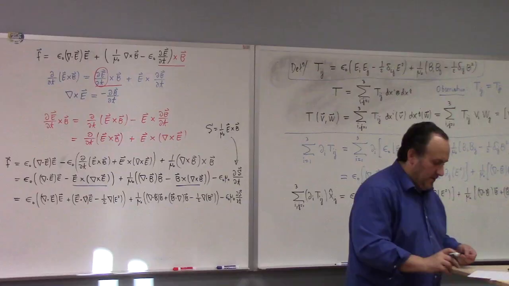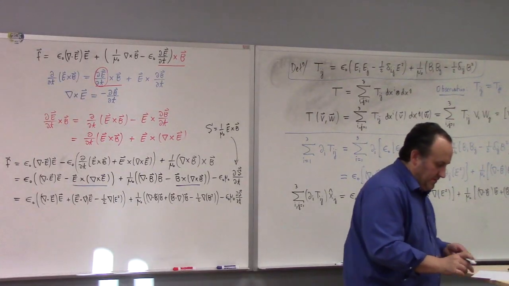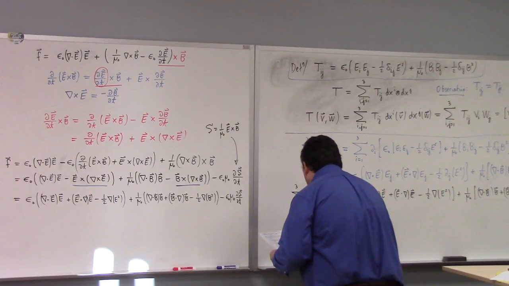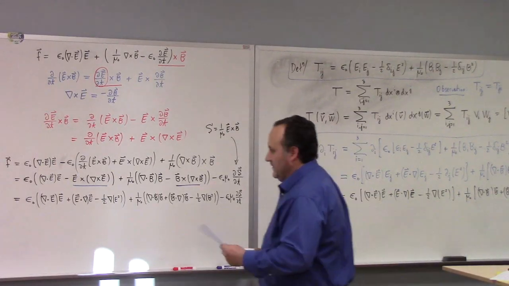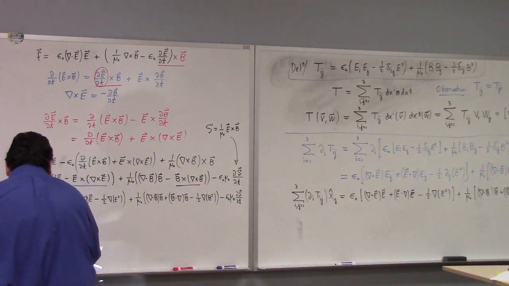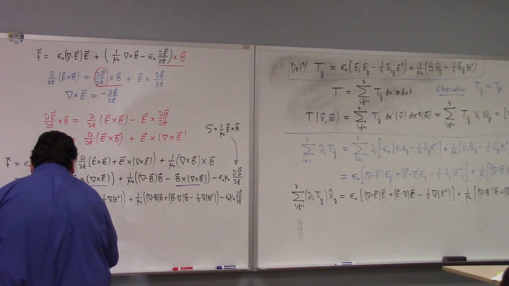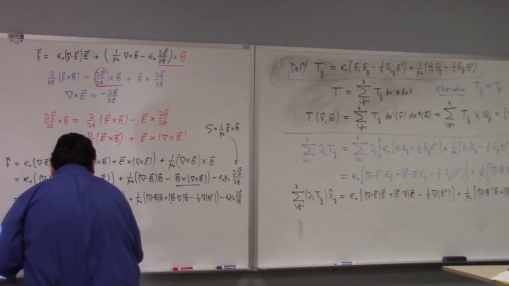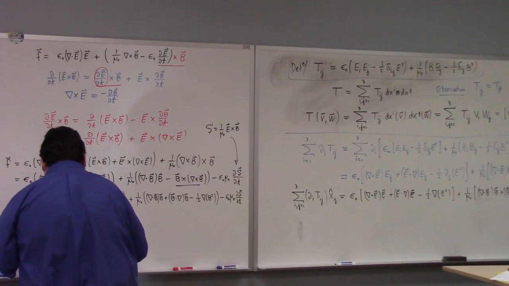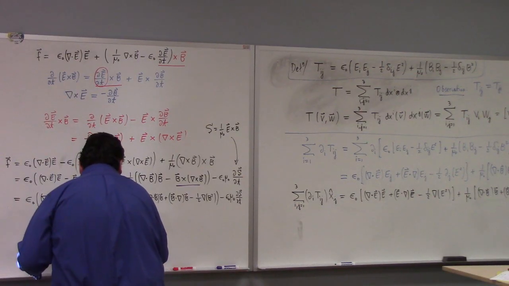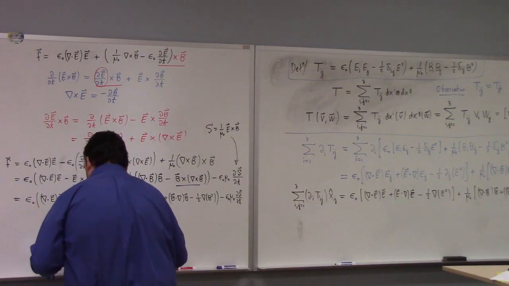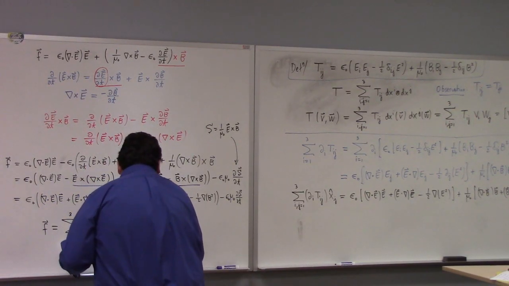And so, in view of this notation, in summary, we have found that the f vector is equal to the sum i equals 1 to 3, the sum j equals 1 to 3 of partial i of T_ij, times x hat j, minus epsilon naught mu naught, partial S partial t.